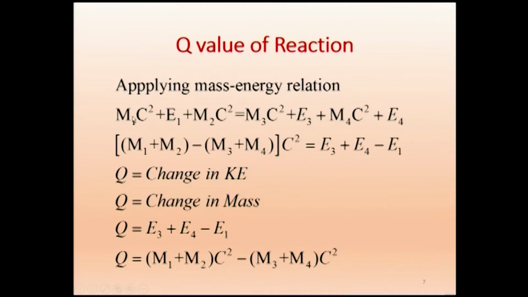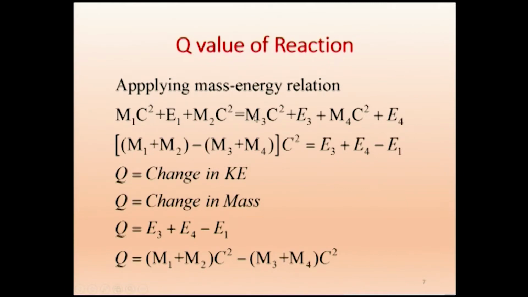And this is the rest mass energy, and this is the kinetic energy with which it is bombarding. Kinetic energy, because it is not stationary, it is having kinetic energy E1. Then for the second particle, we write M2 C squared, that is the rest mass energy. And here we do not write E2 because we have already assumed the target is stationary, and therefore it does not have any kinetic energy initially.